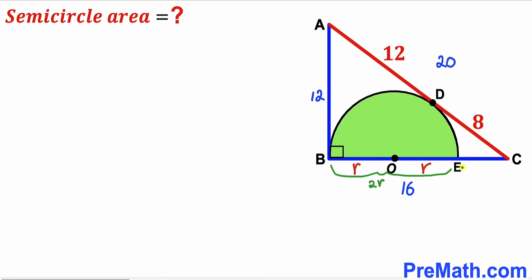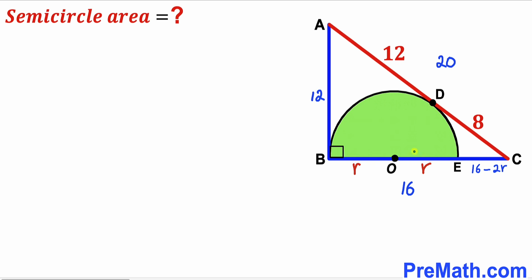Therefore this tiny segment EC is 16 minus 2 times r.